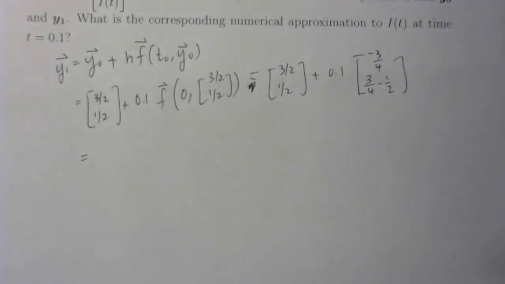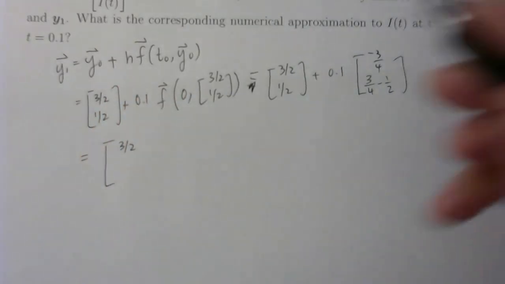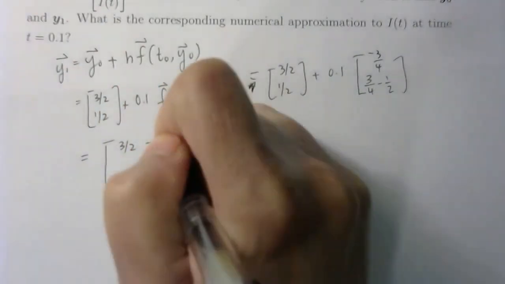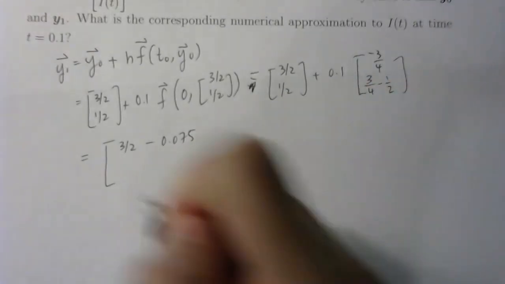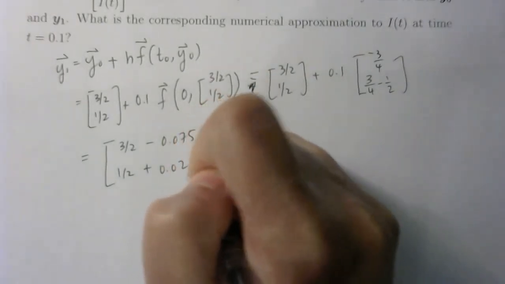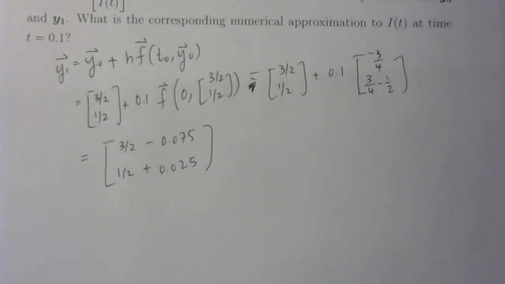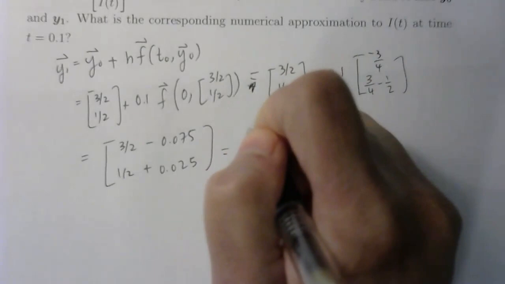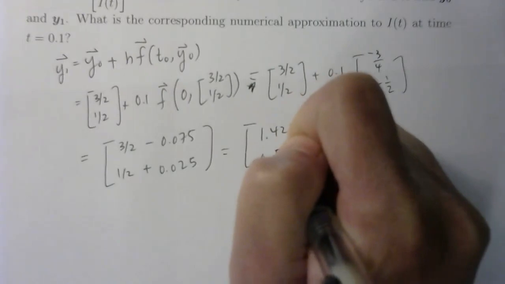This is 3/2 minus, I'll write this 0.075, I guess, 0.75 divided by 10, and then this is going to be 1/2 plus 0.025. Okay, I'll do this in MATLAB on another screen, so this should be something like 1.425 and 0.525.